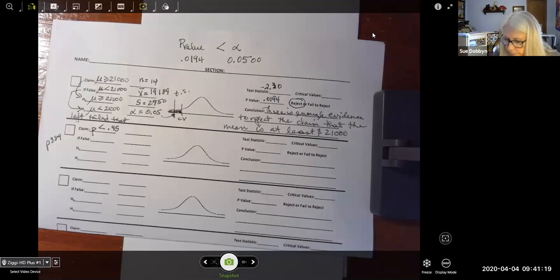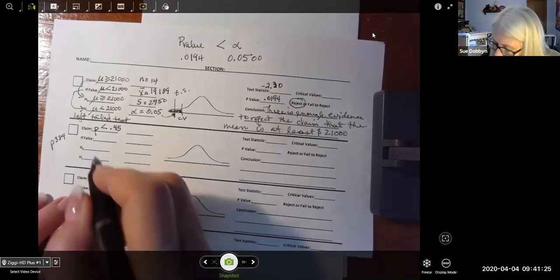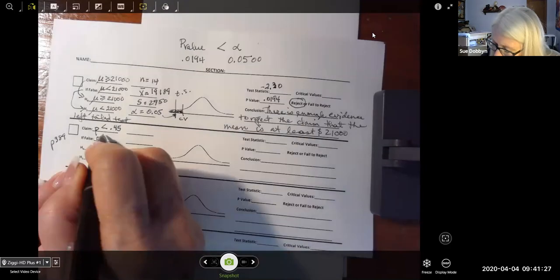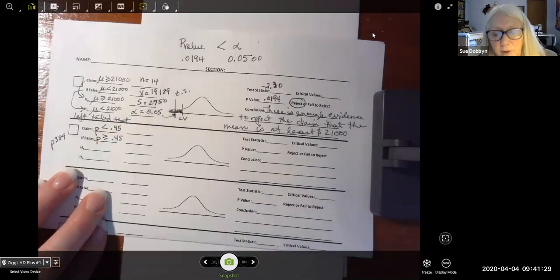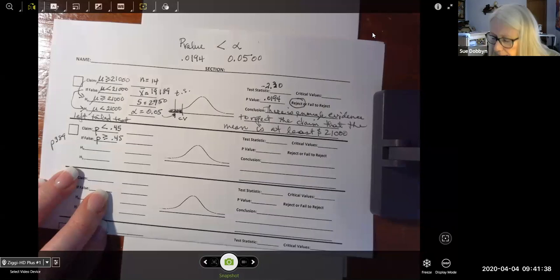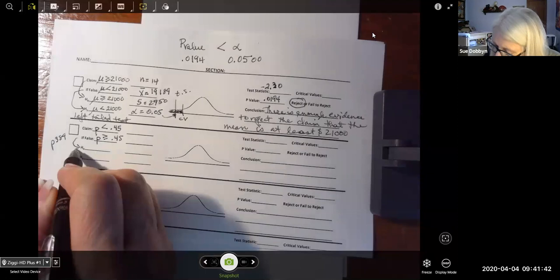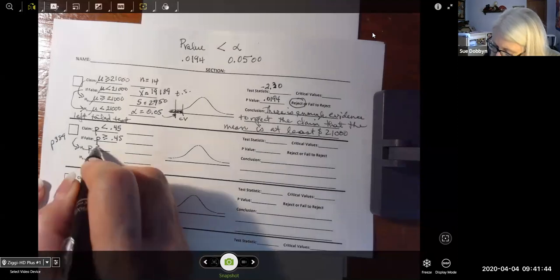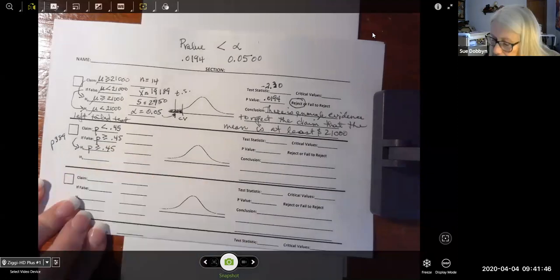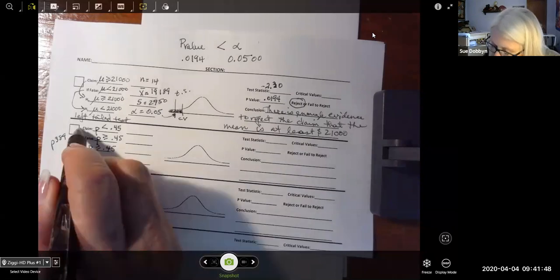If that is not true, then the proportion is greater than or equal to 0.45, because that's everything else. That means the if-false statement becomes the null hypothesis because it's the statement that has equality in it, and that leaves the claim to become the alternative hypothesis.